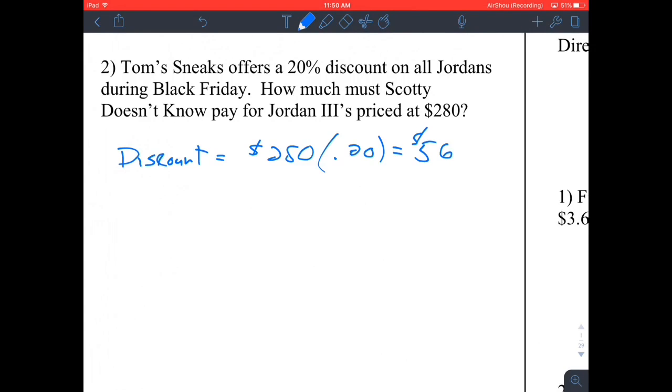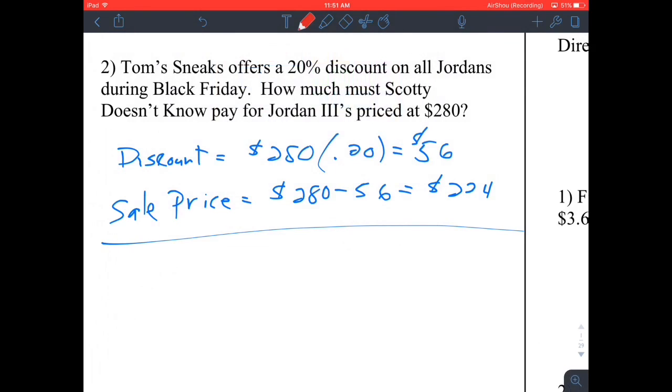And then to find the sale price, we're going to take the original price minus the discount, and that's going to give us a price of $224.